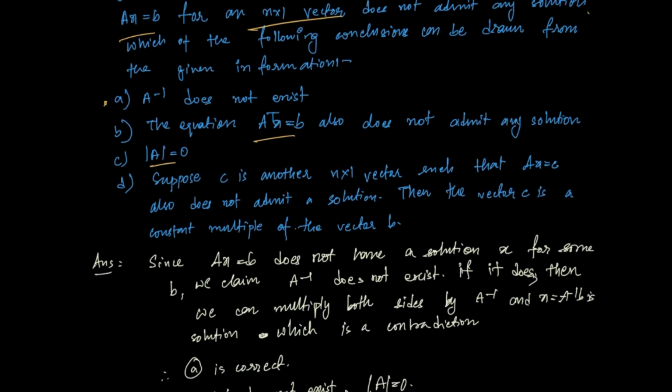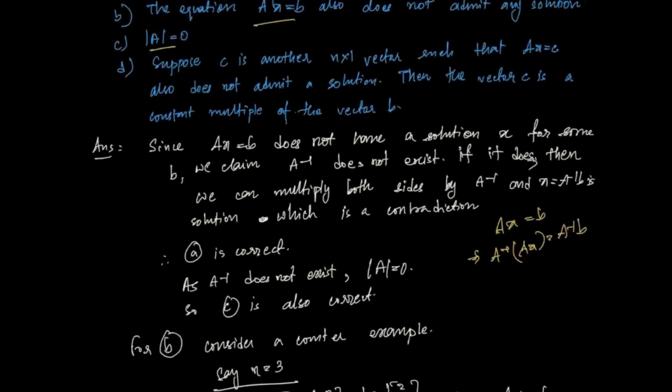A inverse A is obviously identity, so this part becomes X, and this is A inverse B. Now this thing becomes a solution of this equation. And if this becomes a solution, this is basically a contradiction to the information we were given. So A inverse cannot exist.